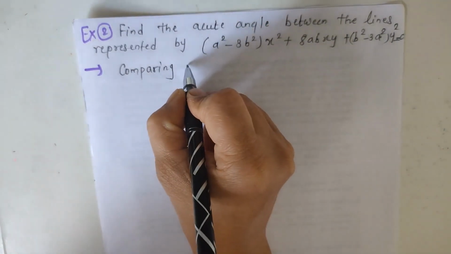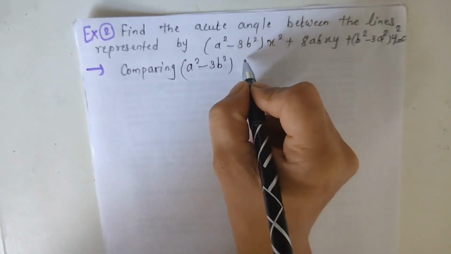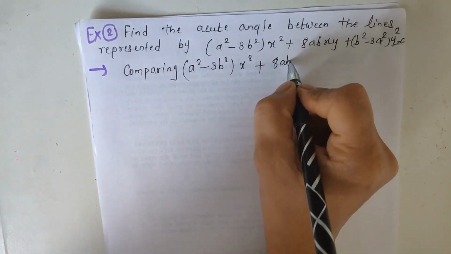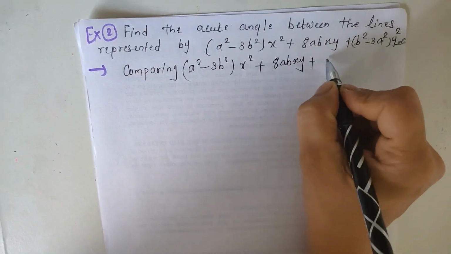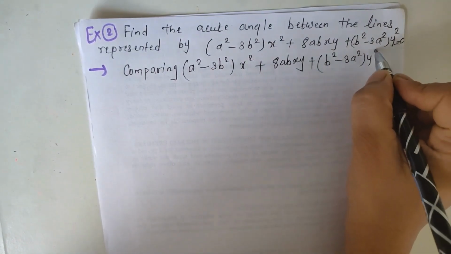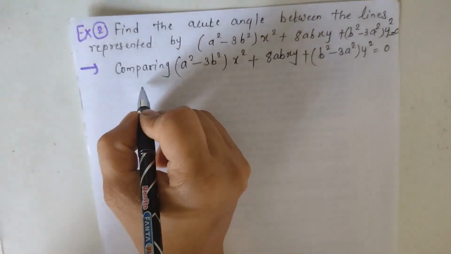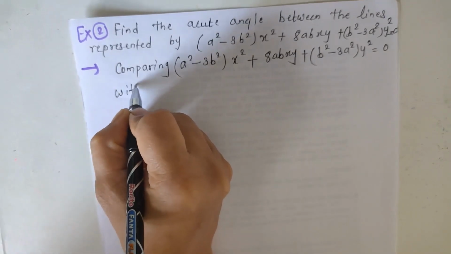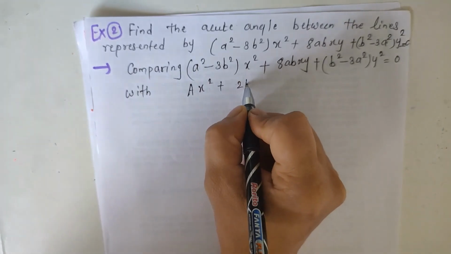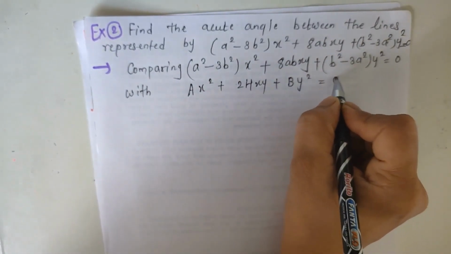So comparing the given equation, a square minus 3b square into x square plus 8abxy plus b square minus 3a square into y square is equal to 0, with the homogeneous equation capital A x square plus 2Hxy plus capital B y square is equal to 0.